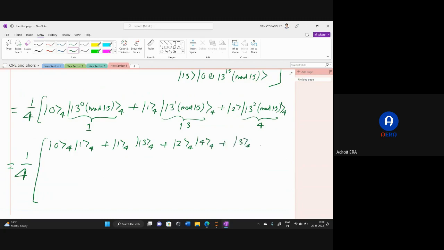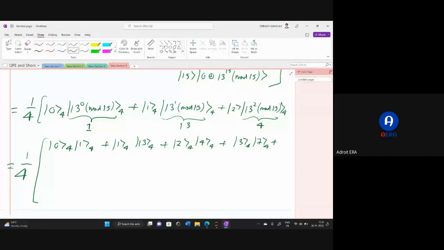Remember, first register X, second register W. In that format we are proceeding. And now after this step we are going to collapse the W register. How? By taking measurement, as we have seen in the quantum circuit. This is very similar to Simon's algorithm. Remember, we have studied Simon's already.